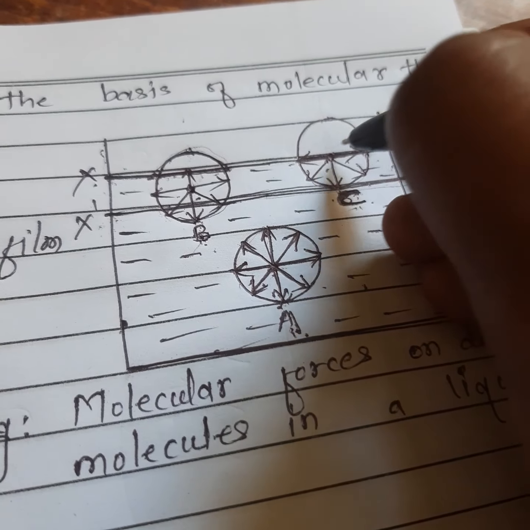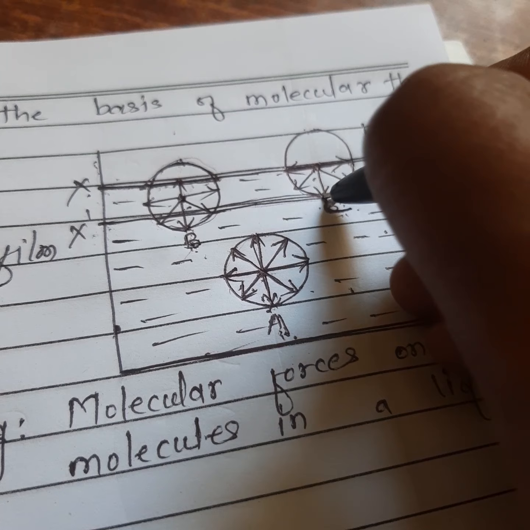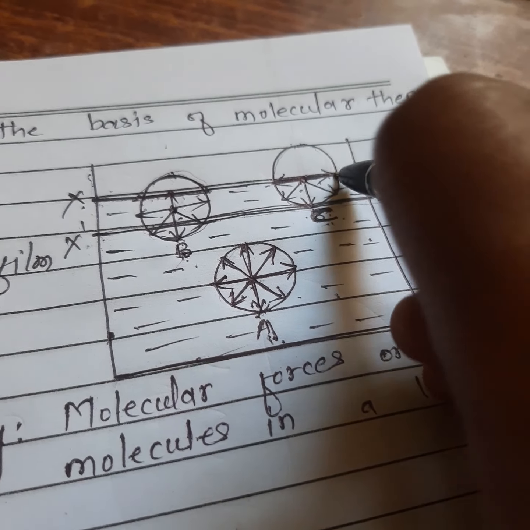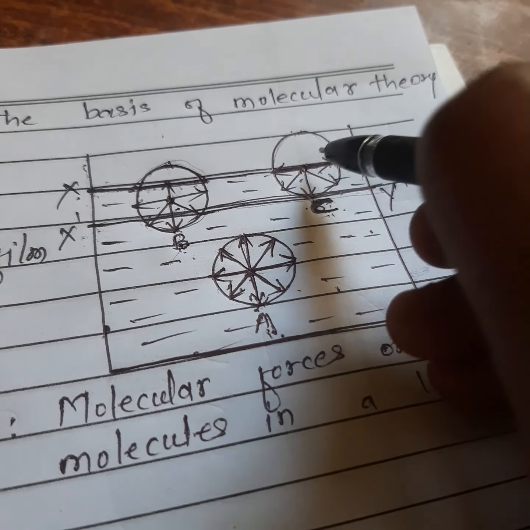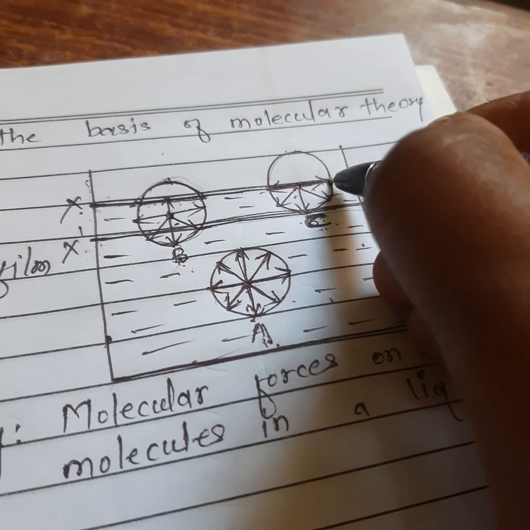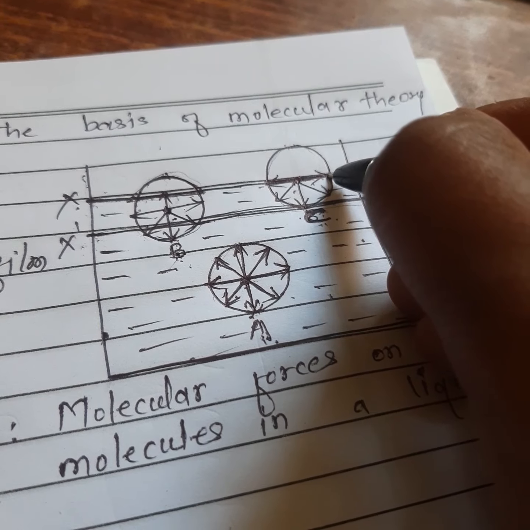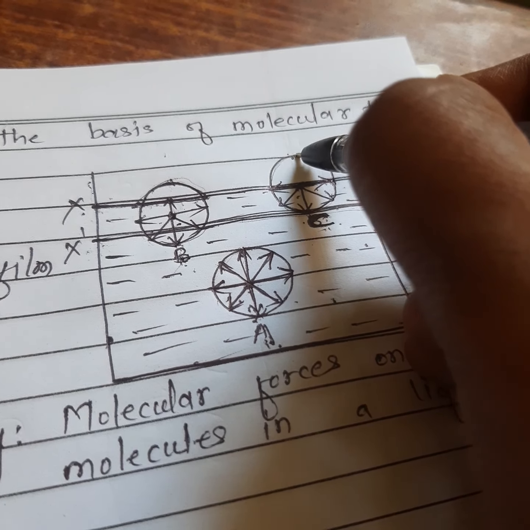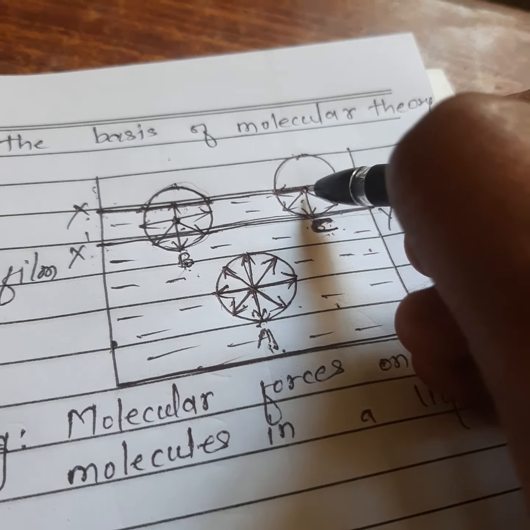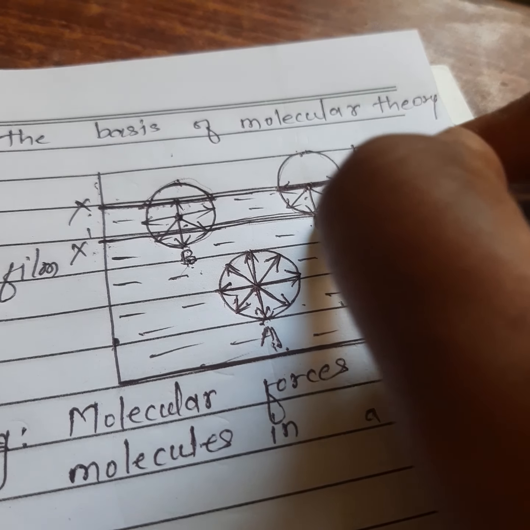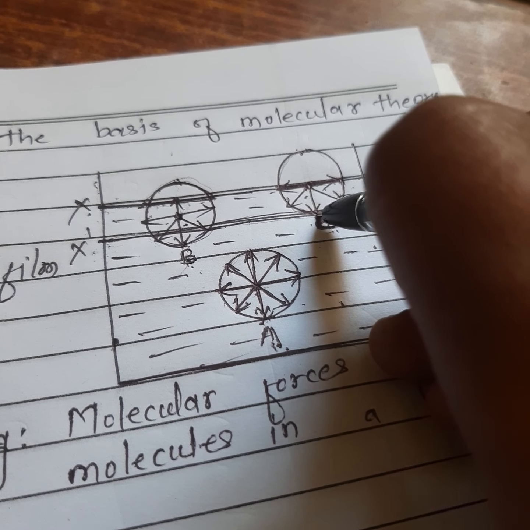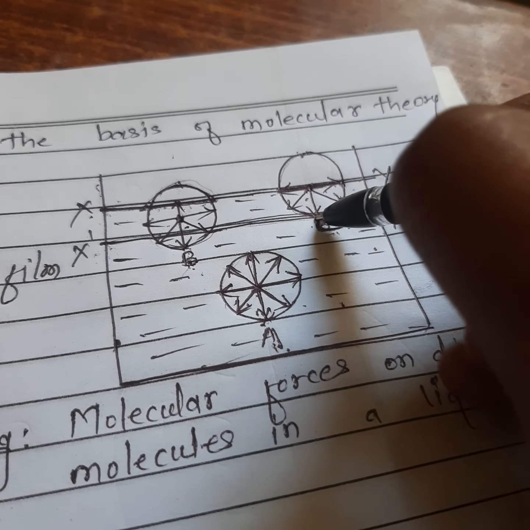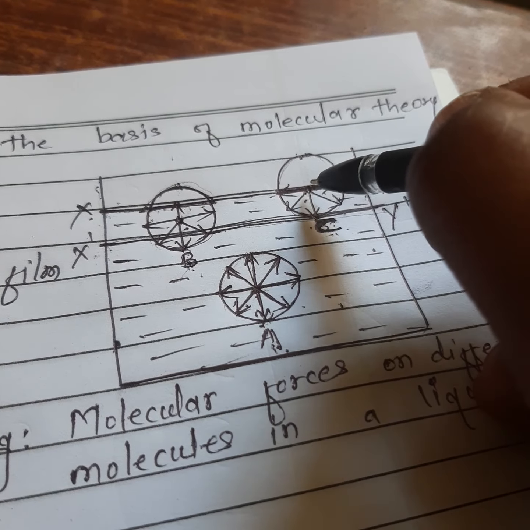Due to difference between densities of air and liquid, number of molecules in this region of air molecules are less compared to number of molecules of liquid, so that this molecule C is acted upon by an adhesive force which is weaker than the cohesive force due to liquid, so that this molecule C is attracted by liquid and it is also always in the liquid.